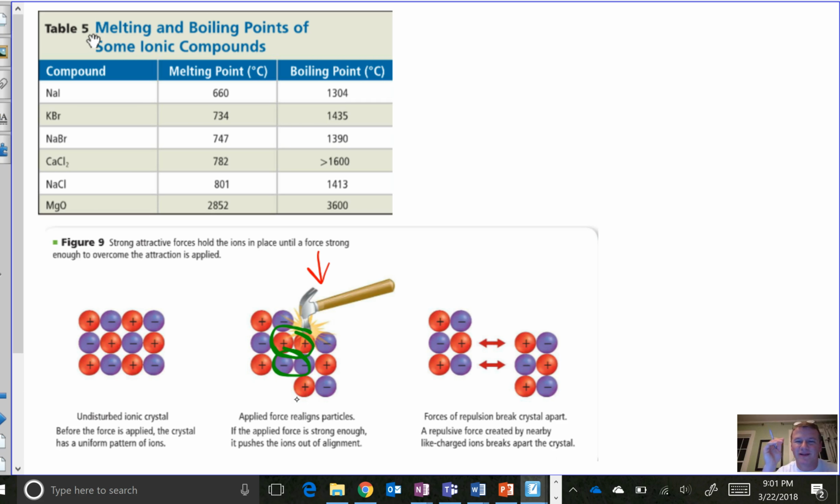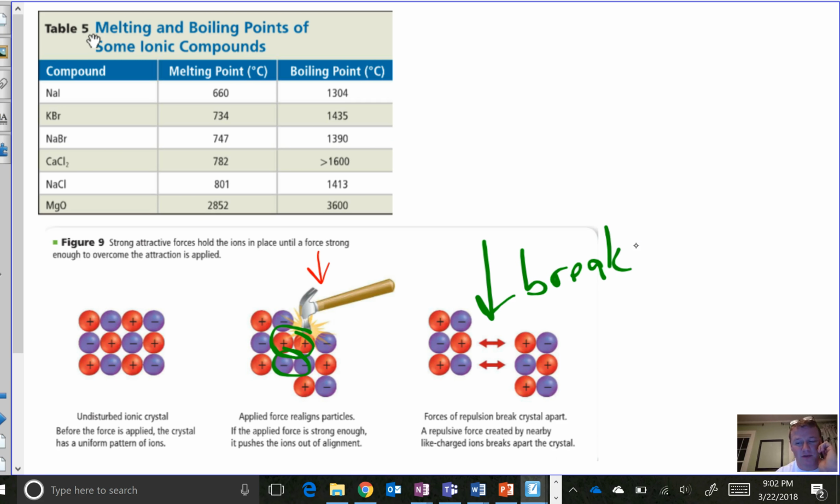Okay, now what do we know about like charges? If a positive gets next to a positive, they're going to repel. So when this solid gets hit by this hammer and those ions shift and they line up, positive, positive, negative, negative, there is this big repulsion that pushes them apart and it causes it to break.